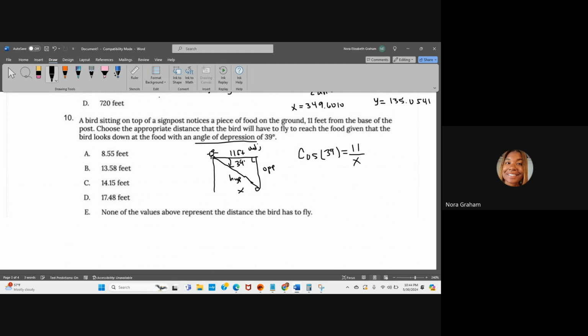Okay. So now I have to use algebra to solve. Multiply both sides by x. I get x cosine of 39 equals 11.